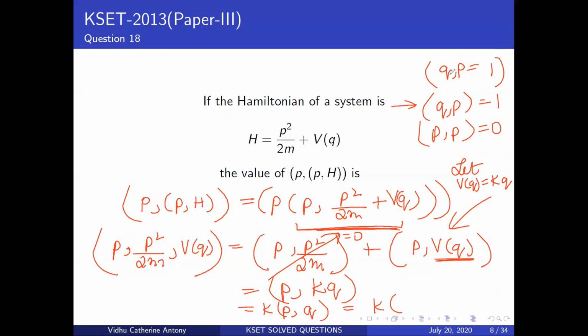Also I told you that the Poisson bracket is anti-commutative, so I will put a -1 here. Your {p, q} is -1, your {q, p} is 1. So you end up getting a minus k. So when I calculated this entire section, I ended up getting a minus k.